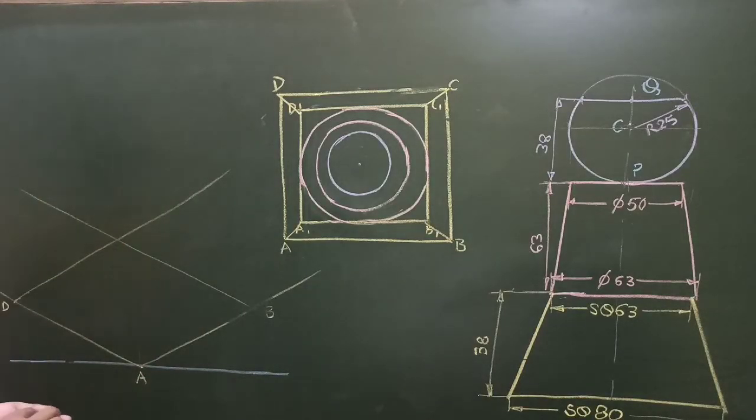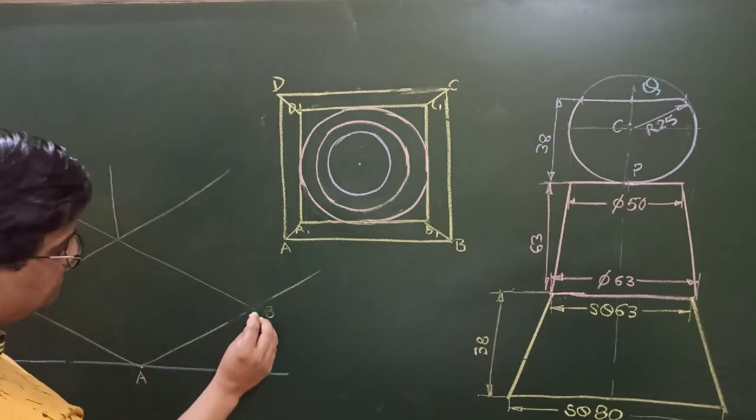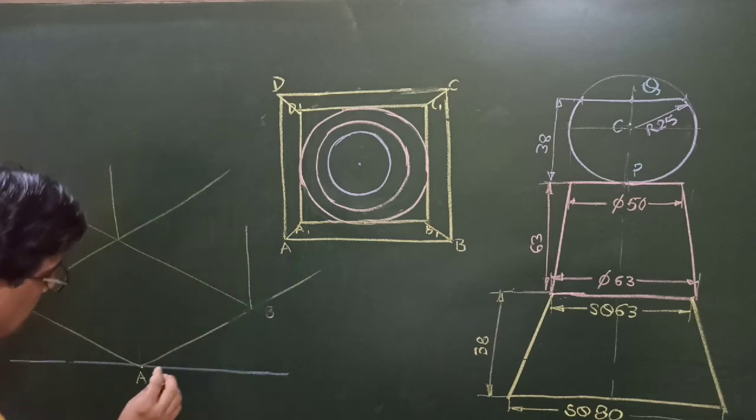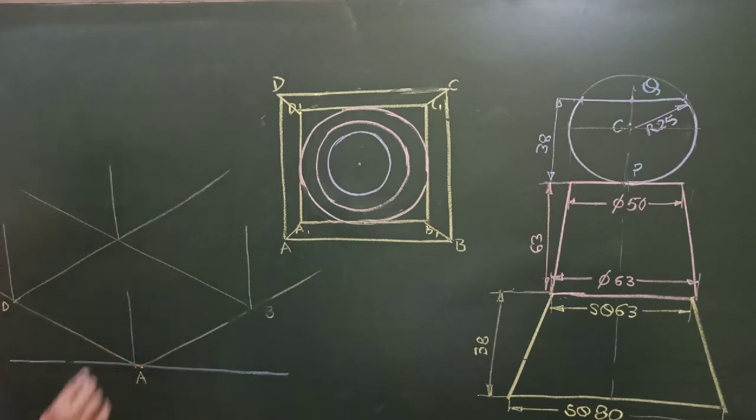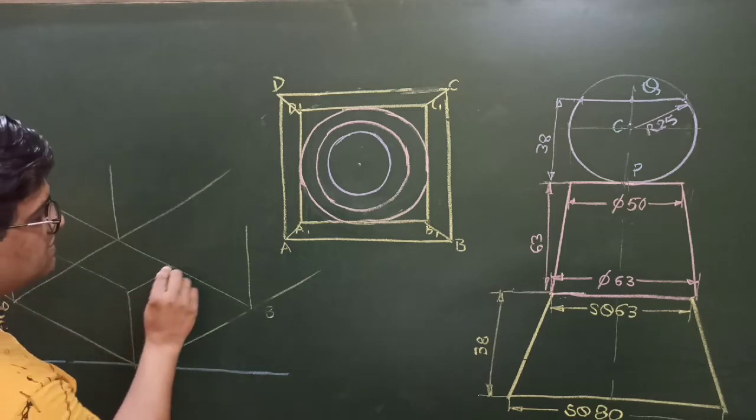So we will draw 4 lines at a height of 38 multiplied by 0.82. Say this is 38, 38, 38 and 38. So 4 lines are drawn and then we join them so as to represent it.